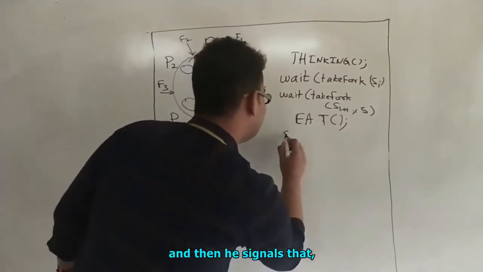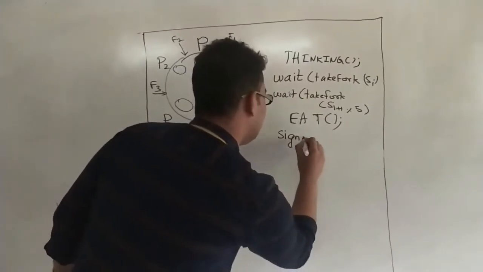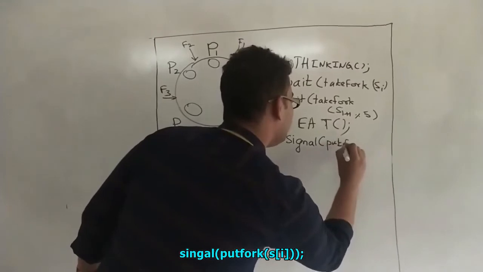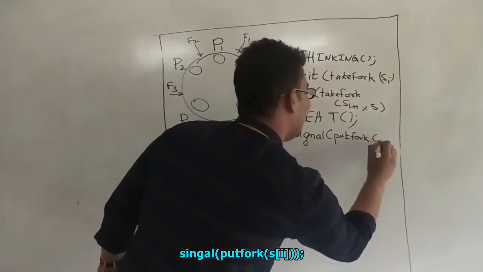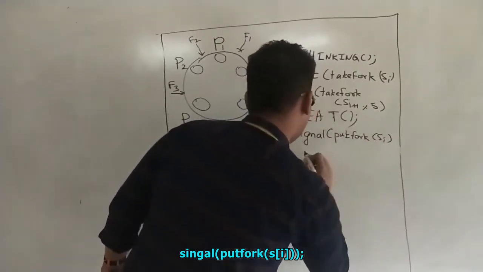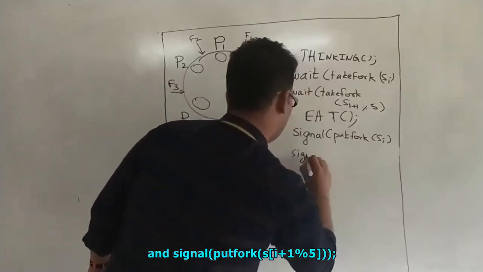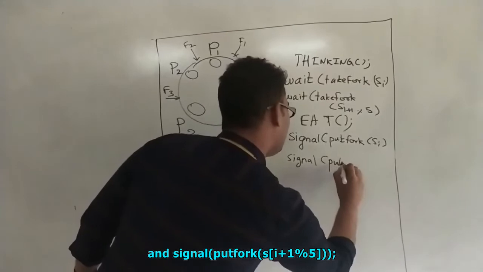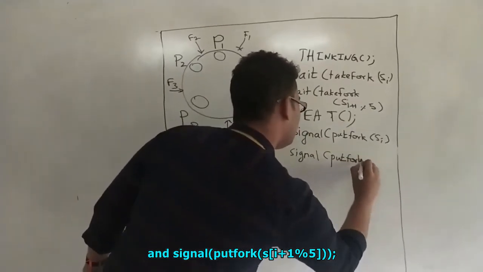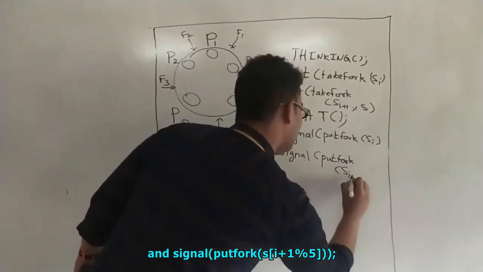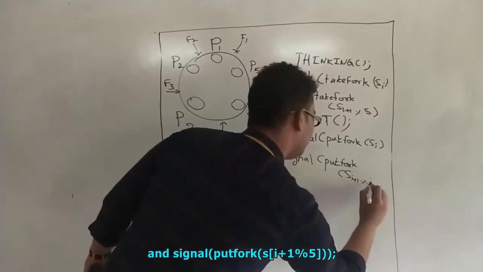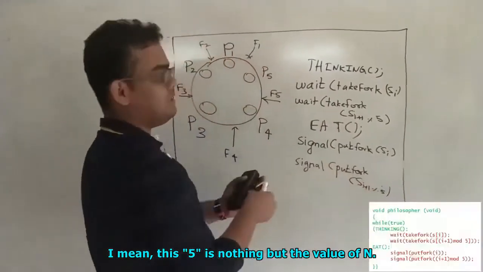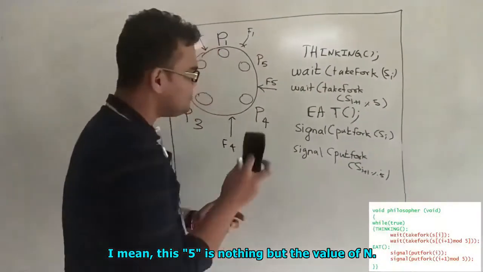Then he signals that he released his forks, which is put fork S of I and signal put fork S of I plus 1 mod 5. This 5 is nothing but the value of n.